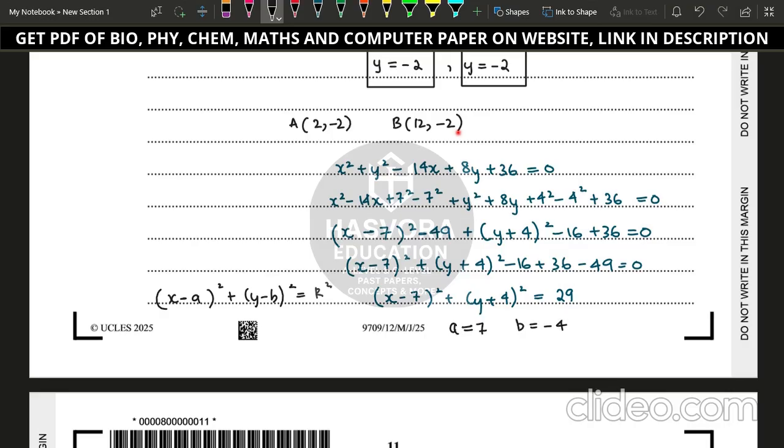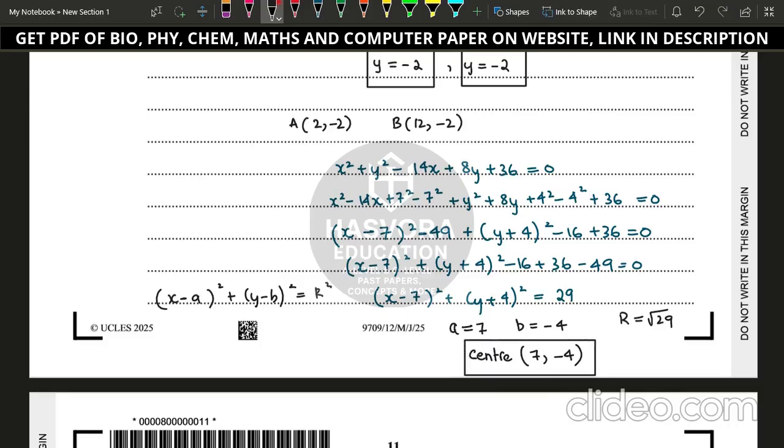And the 29 is the square of the radius, so the radius will be under root 29. So now we have also got our center, which will be the coordinate (7, -4). Okay, so we have got all of the 3 points.